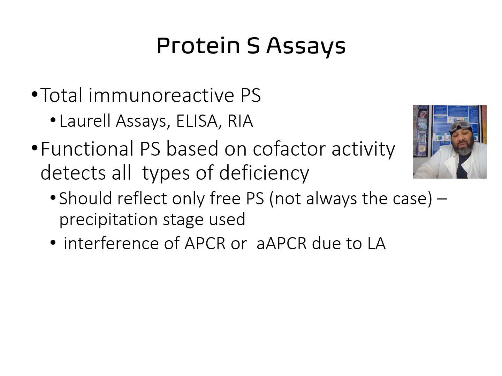One of the main markers to establish abnormalities in either protein S or protein C can be lupus anticoagulant.